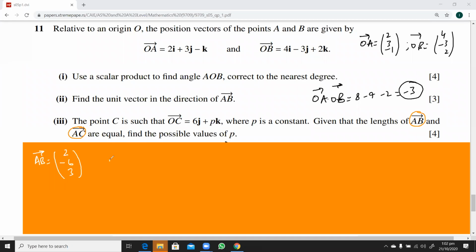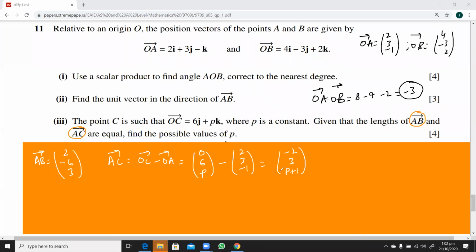Now let's find this AC quickly. AC is OC minus OA. OC is (0, 6, P), and OA is (2, 3, -1). So this is (-2, 3, P plus 1).